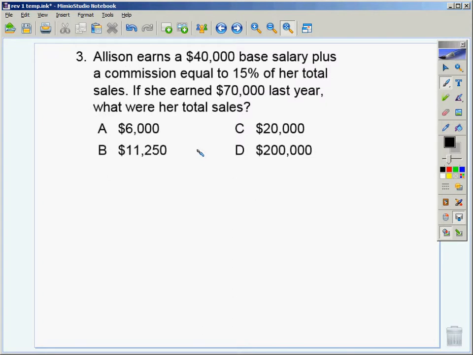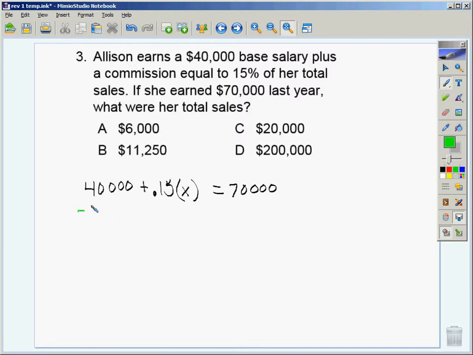Number 3, Allison earns $40,000 base salary, a 15% commission. We have to remember to move that decimal 2 places when we're talking about a percentage. Times her sales. And she earned $70,000 last year.